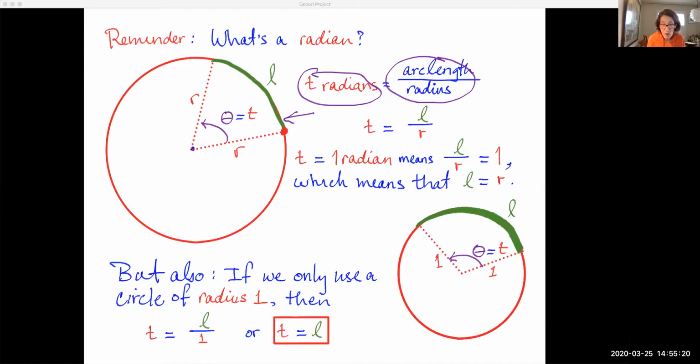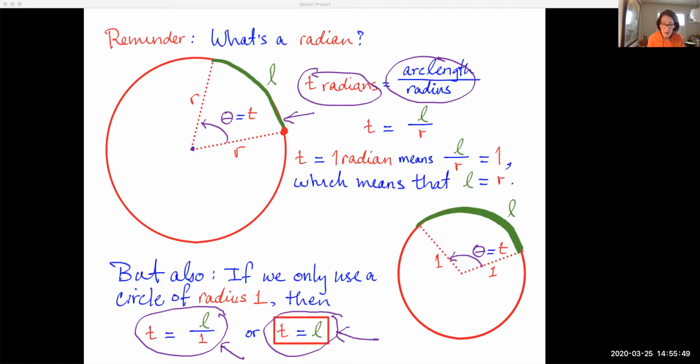But if the radius r is 1, then we get this equation way at the bottom. I'm circling it in purple. We get the radian measure of the angle is the green piece of the circle, L, divided by 1, because r is 1. And so L over 1 is just L, and we get this nice little equation.